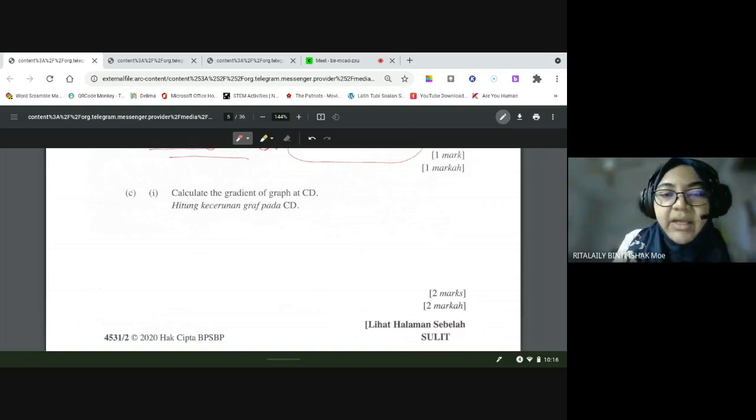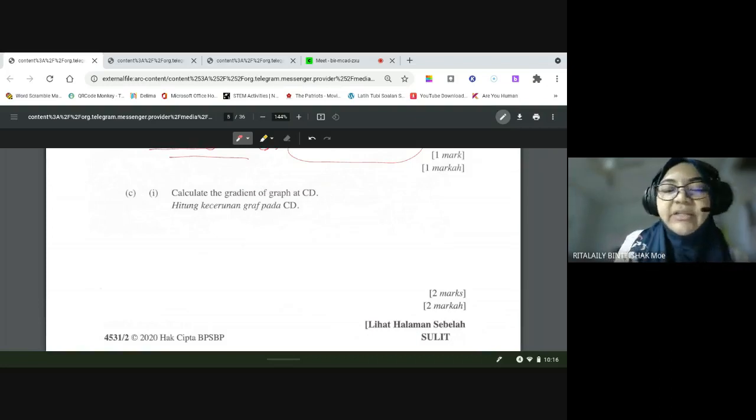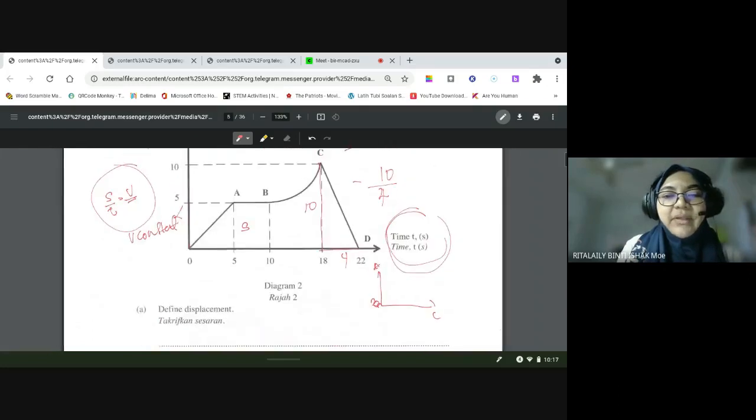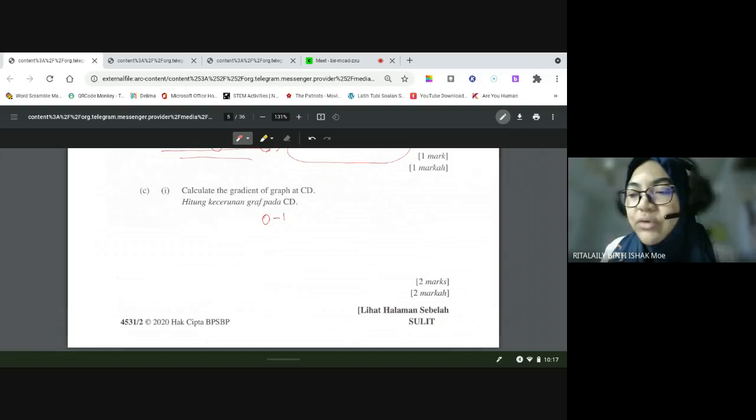The first mark is you put in the value pada calculation tu kan, gradient tu. So tadi apa? 0 tolak 18 eh? 0 tolak berapa? 0 tolak 10. Dia 10 tolak 0 ke 0 tolak 10? Terbalik.